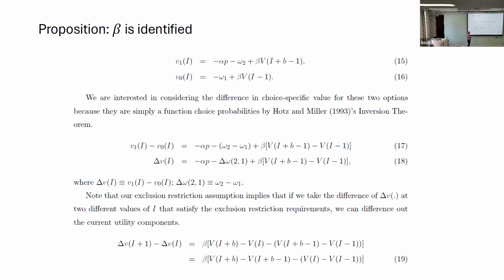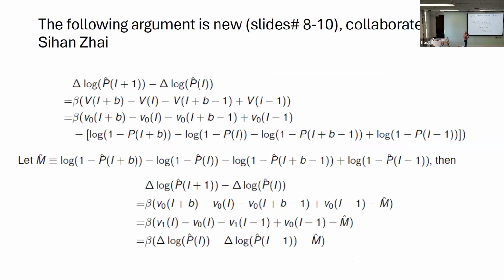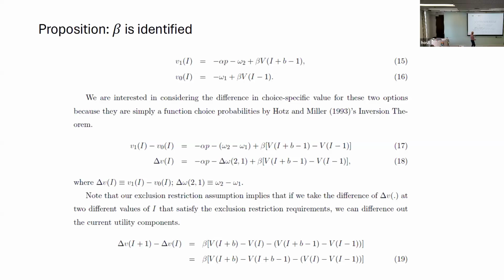Okay. So if we just play around with the alternative specific value functions, this is something you should be familiar with by now. You can just write down these alternative specific value functions as follows. The first equation is that V1 is your alternative specific value when you decide to buy. If you decide to buy, you pay the price of buying this product, and you also pay the storage cost.